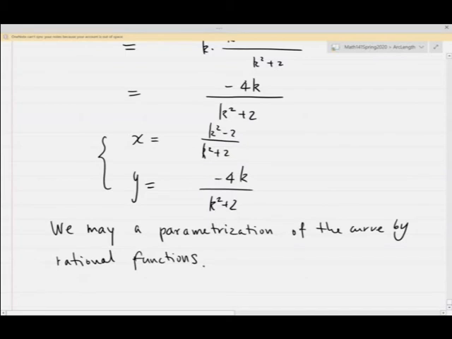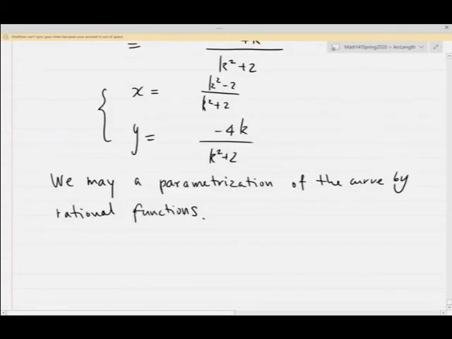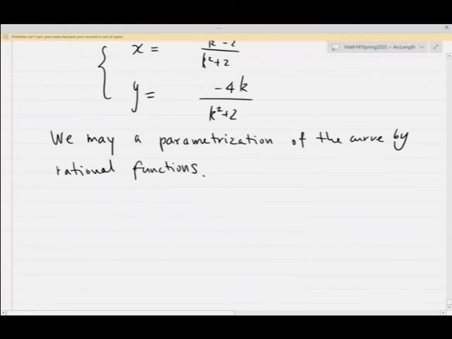Okay, this turns out to be a special property. Now, if I write down a general curve, for instance, this curve, you can easily write it as a parametric equation. Find this parametrization in rational functions. Now, this is a special property. Not every curve you can do in this manner.